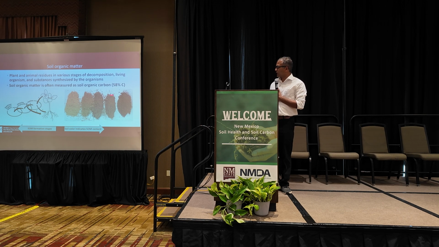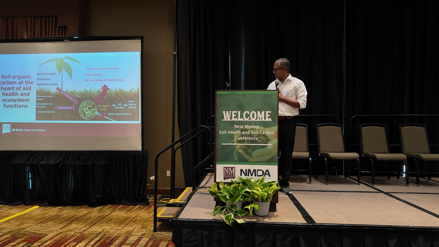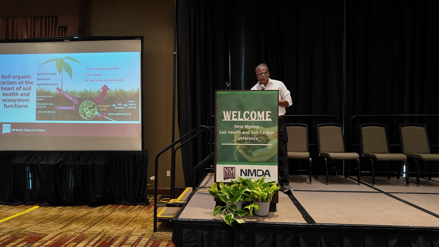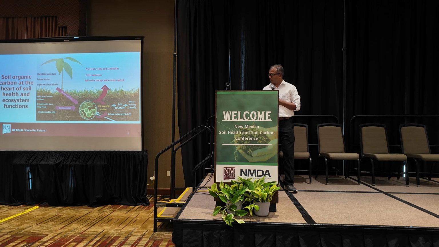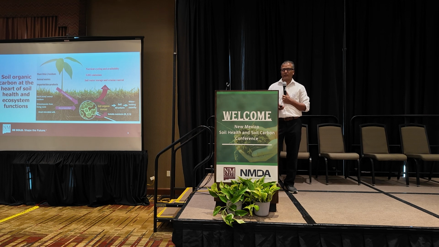If you have more carbon and more organic matter in the soil, it is relatively darker in color, and with less organic matter, it is lighter in color. Let me try to use this one. Okay, it works. In this picture, you can see how organic matter and the microbial community interact to regulate different soil processes, different soil health processes.